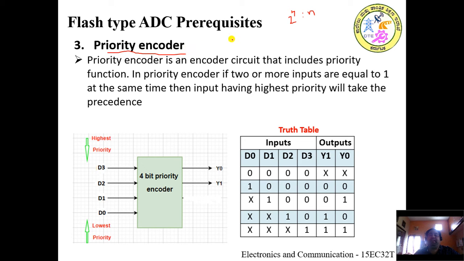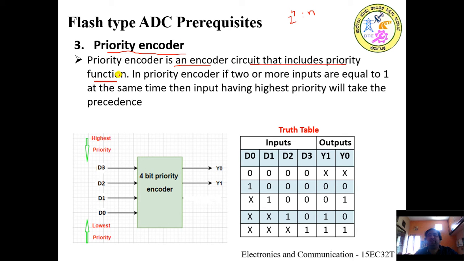This priority encoder assigns priority levels to the various inputs, and according to the priority level, it produces an encoded output on the n output lines. A priority encoder is an encoder that includes a priority function.